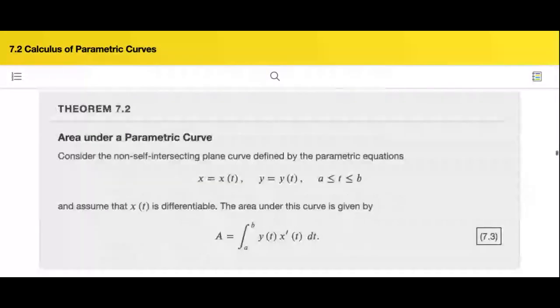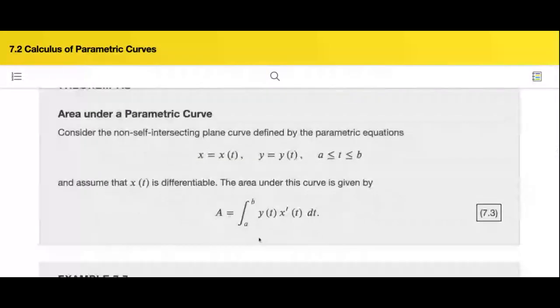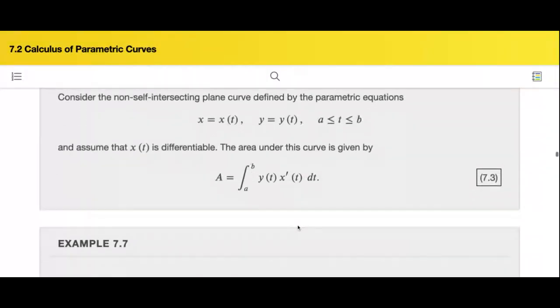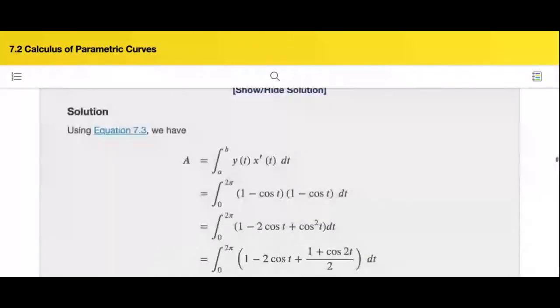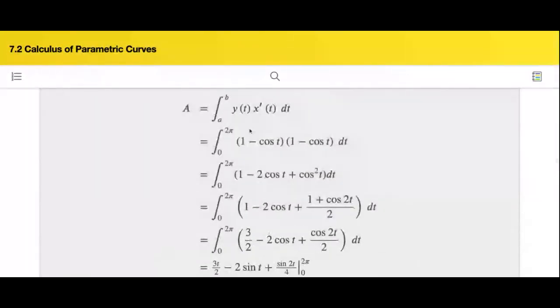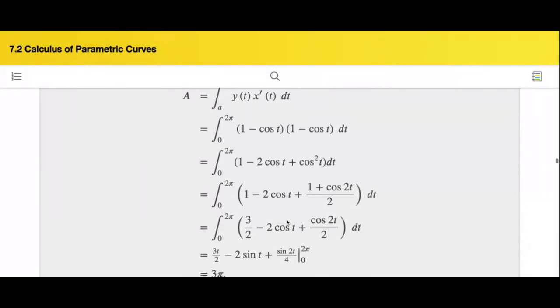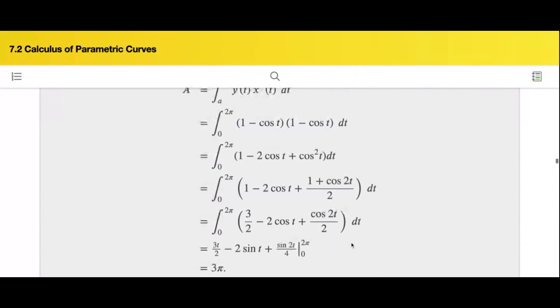We just follow the formula, right? So y of t multiplied by the derivative of x. Then we integrate, y of t times x prime of t. Then we integrate. Anyone has any questions?